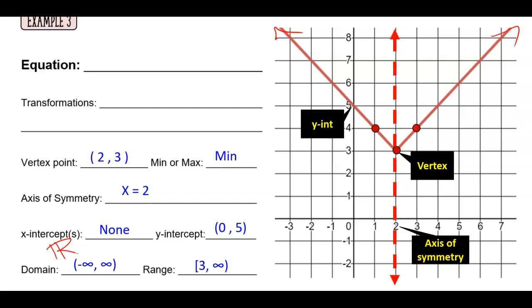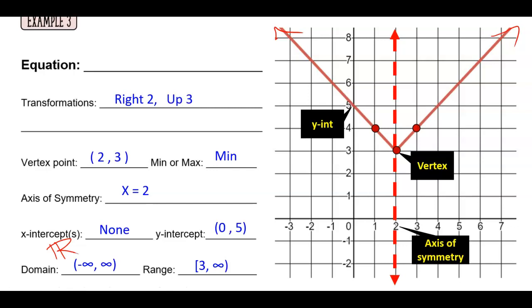Unless it's different than 1 over 1, it's not stretched or compressed, so there's no a value. Has it been flipped over? No, so it's not a negative. The only thing that changed is a shift: shifted right 2, up 3.